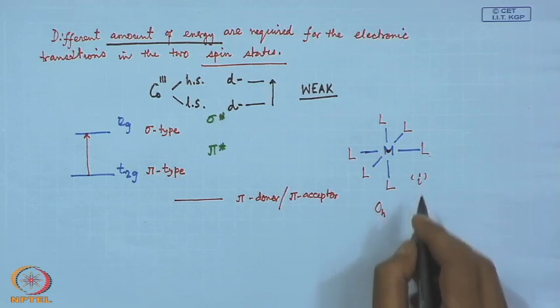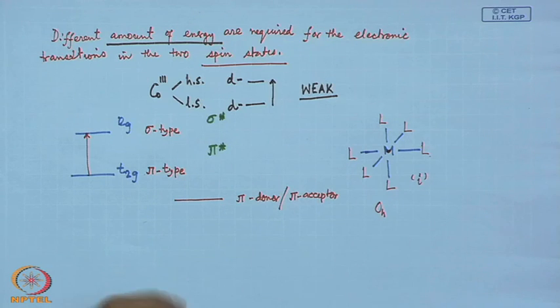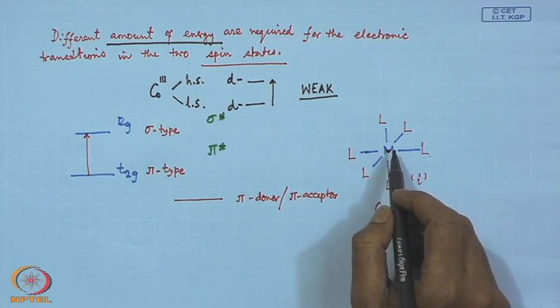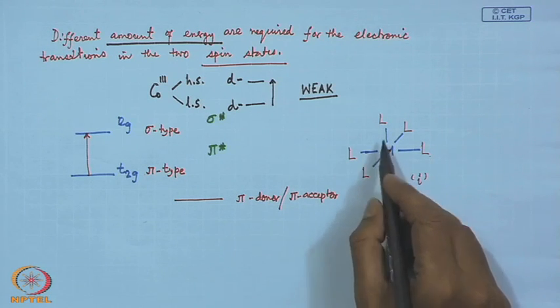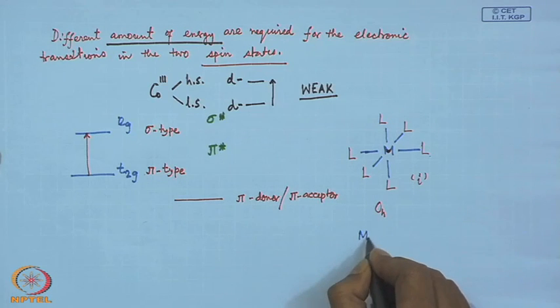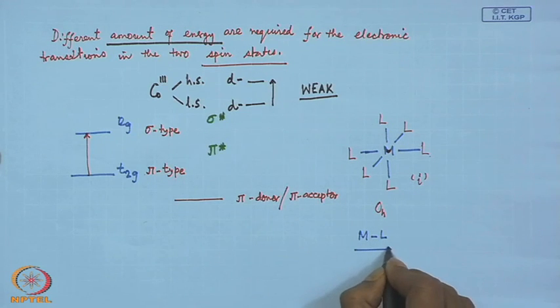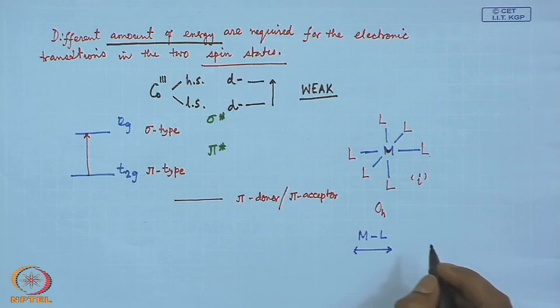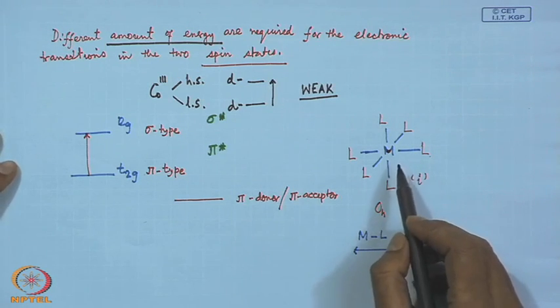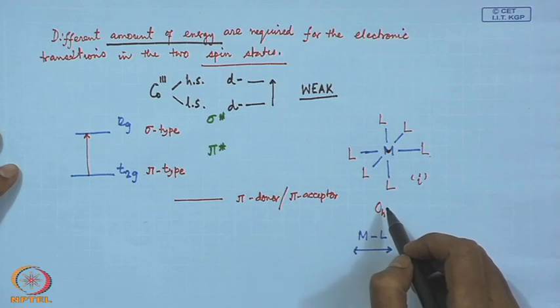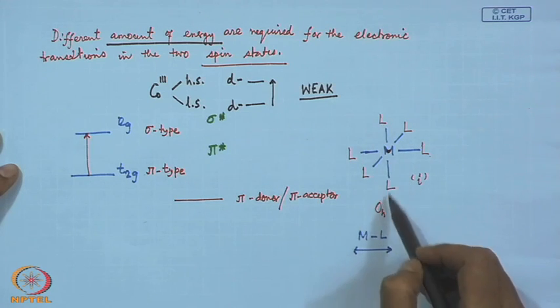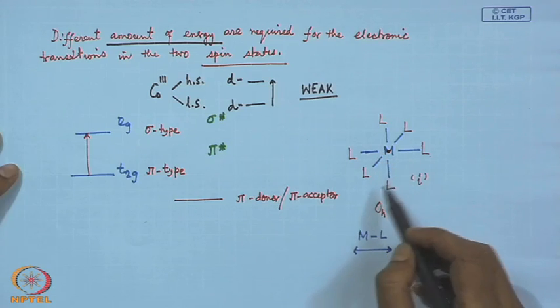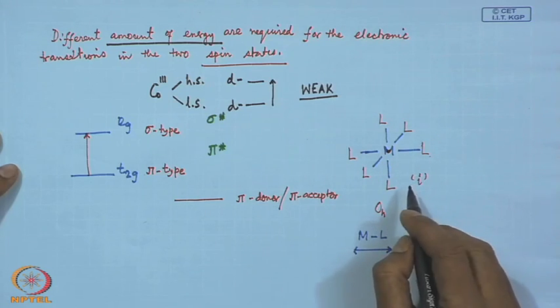Now, since all the time the coordinate covalent bond between the metal and ligand is under thermal vibration, these metal-ligand bonds are compressed and stretched depending upon the vibration. Once you have an unsymmetrical vibration, where one bond gets longer and another gets compressed, the center of inversion is lost.